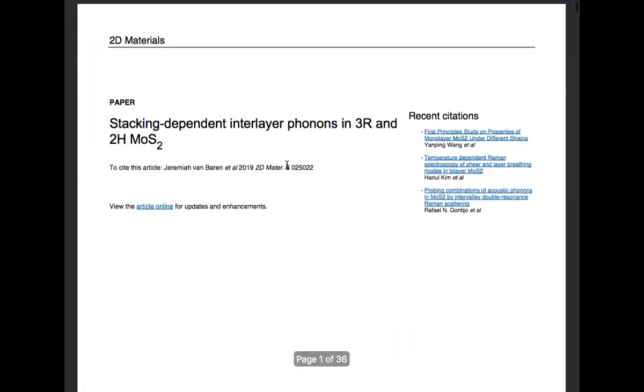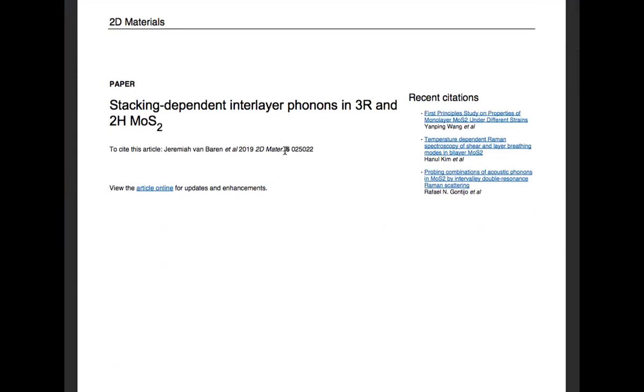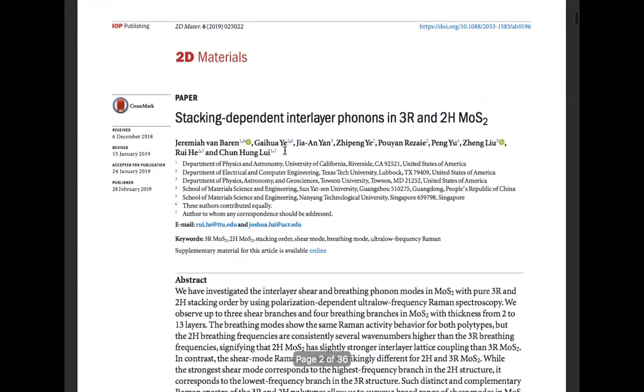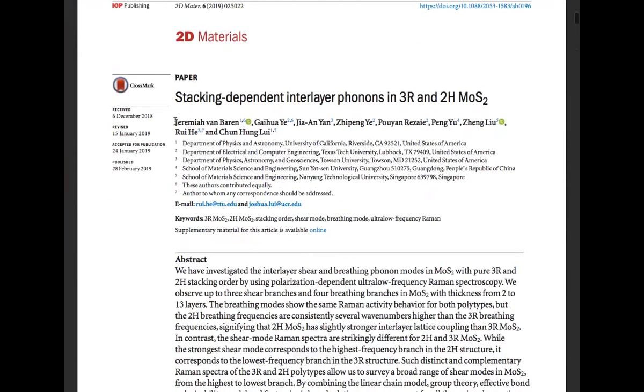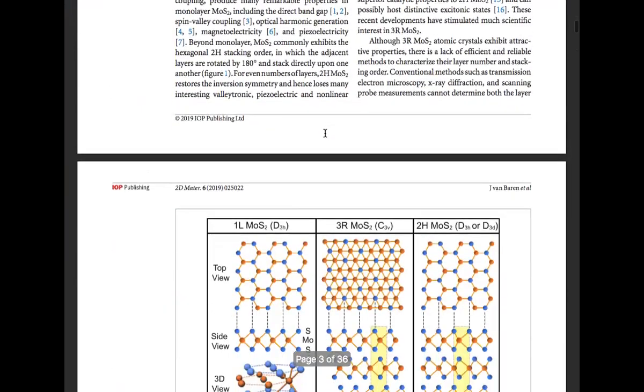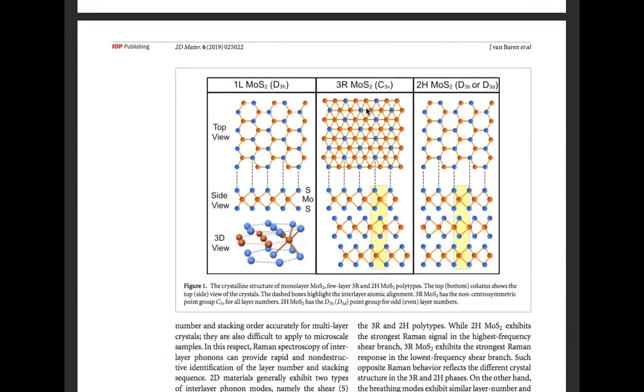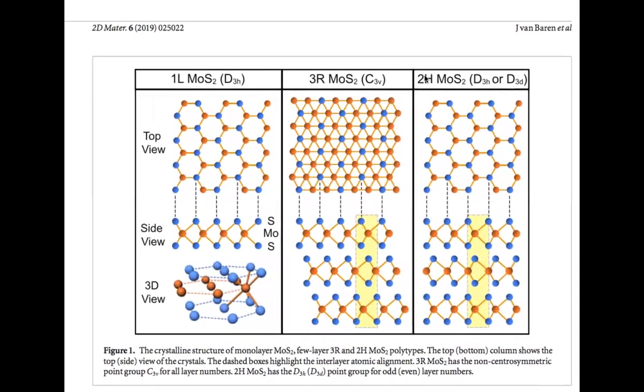So I'm going to show you the result of this paper and show you the selection rules. This is the paper written by Jeremiah and me, with Professor Ruihi's group. So we're going to deal with the 2H MoS2.